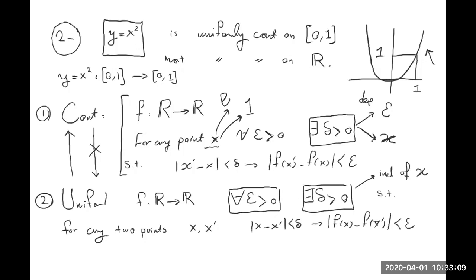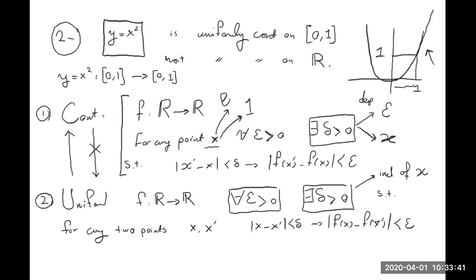Again, intuitively, for a function to be uniformly continuous, its growth is also bounded. It doesn't grow very, very fast. If a function grows very fast, it's not going to be uniformly continuous. The function y equals x squared doesn't grow very fast on this interval, but if you continue to look at the graph, it's going to grow faster and faster.